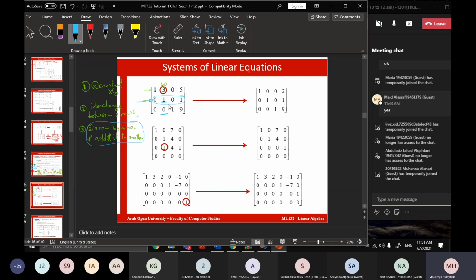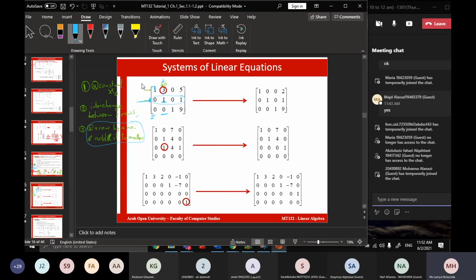Later it will be clearer, but for now keep this one here and do not change the numbers here. Always, when you want to make any number 0, use the row that contains the leading one of that column. So that means I will use this row.